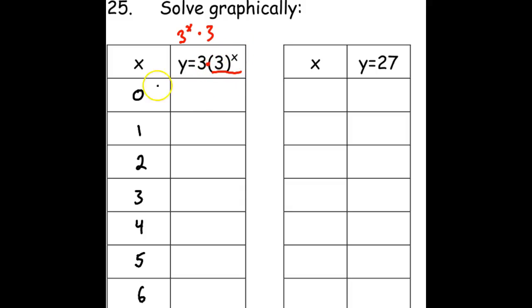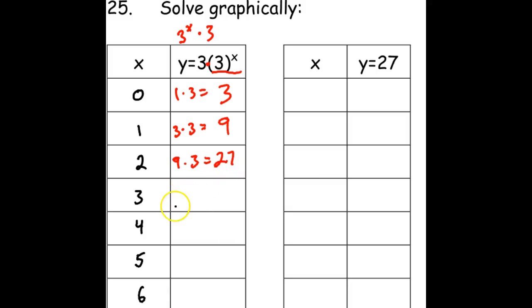So with 0, it's going to be 3 to the 0, right? Which is 1 times 3. So we get 3. And then 3 to the 1, which is 3, and then times 3, 9. And then 3 to the second, 9, times 3, 27.